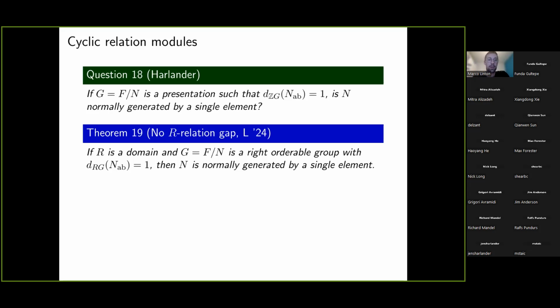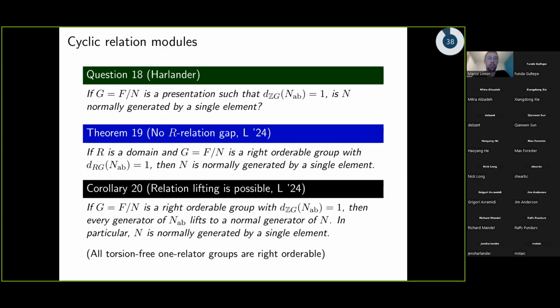The precise statement is you can lift relation module generators up to taking a root. So possibly there is a normal generator which has a power equal to the relation module generator you started off with. The upshot is that when you only care about the relation module over ZG, then every generator of the relation module does lift to a normal generator of N.